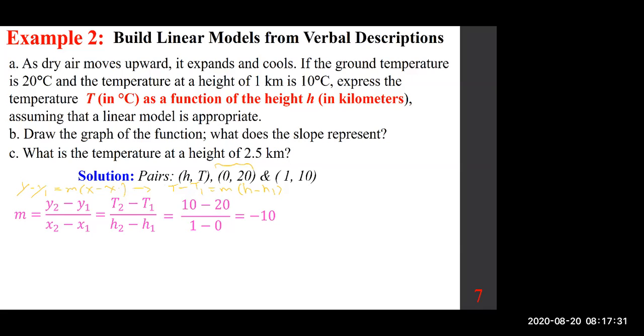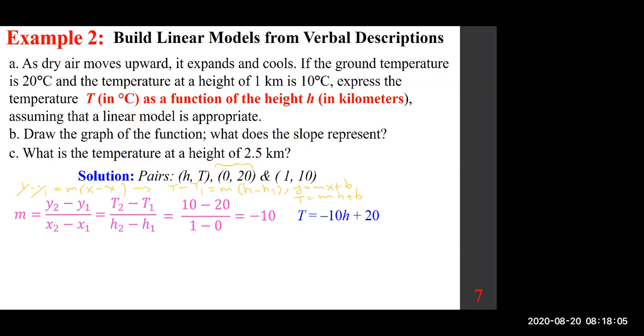Instead of that, you can write y equals mx plus b, in which case becomes t equals mh plus b. That would be an easy way out. And you write the formula. T becomes negative 10h plus 20.